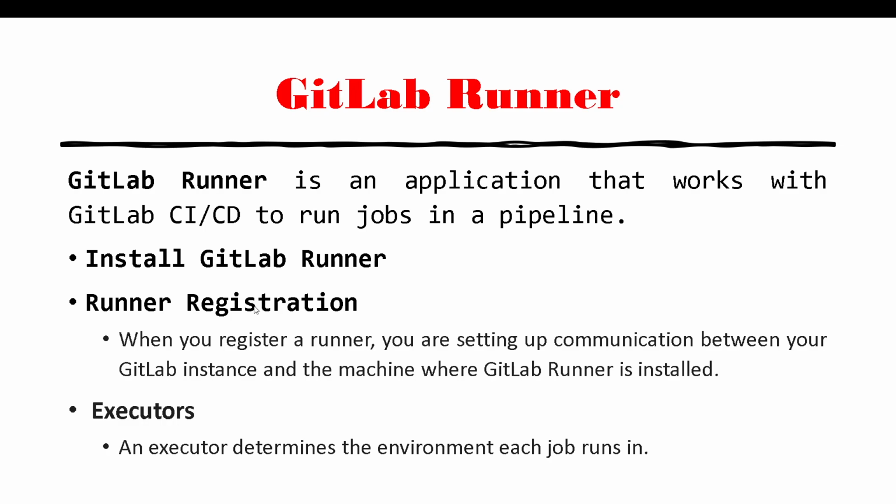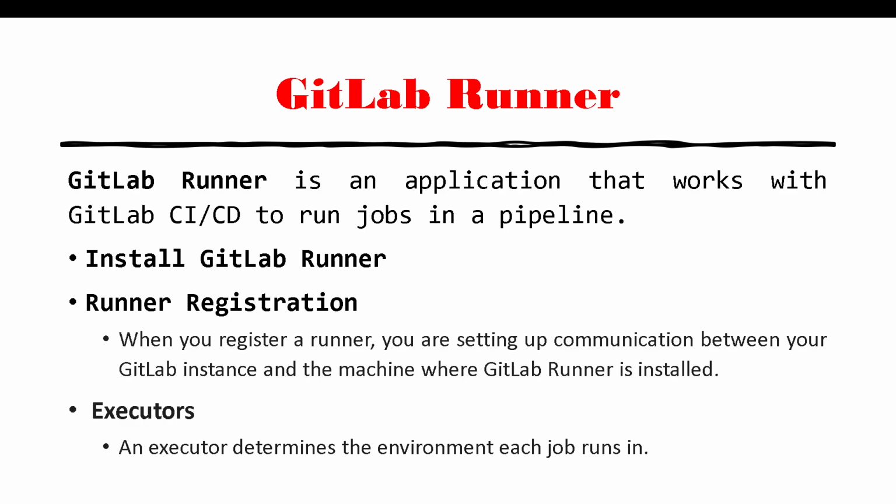Once the installation is completed, then we register the GitLab runner. When you register a runner, you are setting up communication between your GitLab instance and the machine where the GitLab runner is installed.